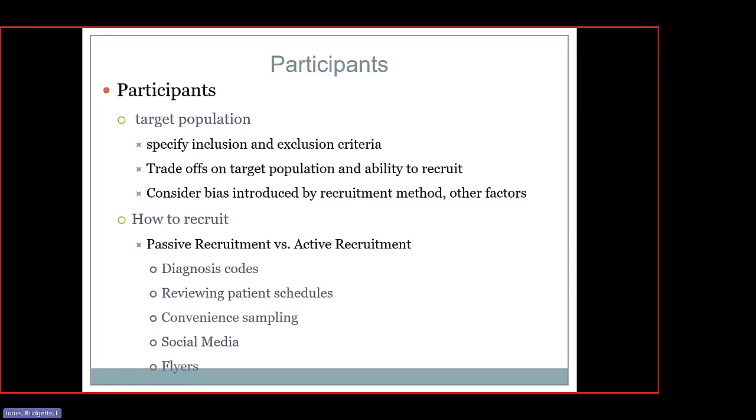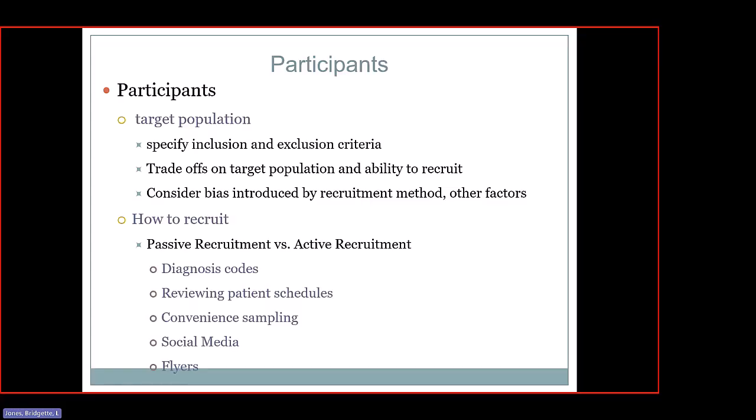With active recruitment, you're going out and actively seeking participants that meet your criteria. So you might use things like diagnosis codes and pull a list of all the participants that come into our hospital or clinic with the diagnosis code, and try to reach out to those potential participants.